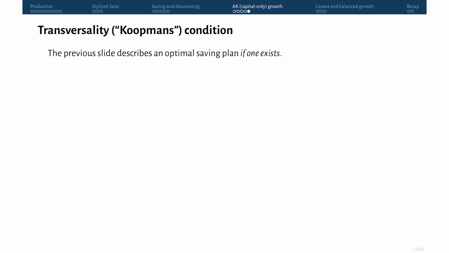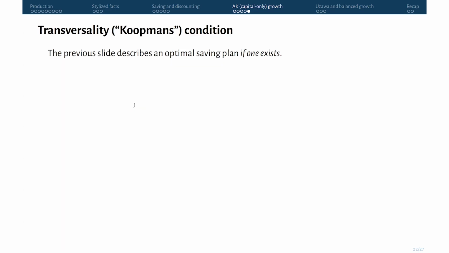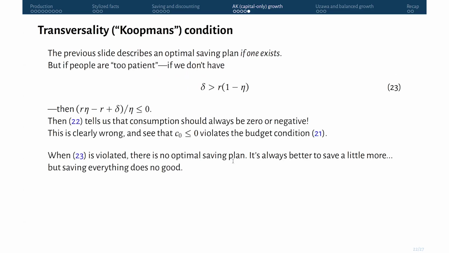Now, note that what we found on the previous slide was actually just an optimal saving plan if one exists, but one doesn't necessarily exist. In particular, if people are too patient, if the discount rate is not higher than this r times 1 minus eta term, then this numerator here, and therefore the whole expression for the fraction of your capital that you consume each period, will be 0 or negative.